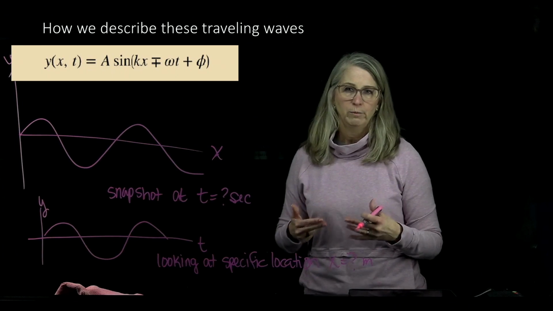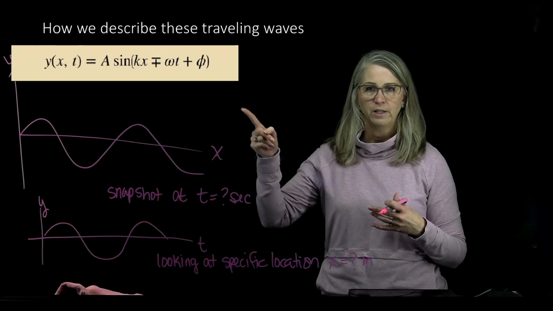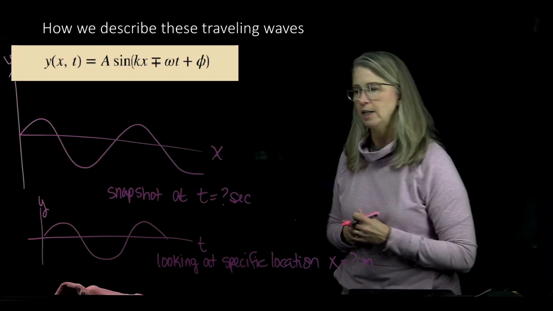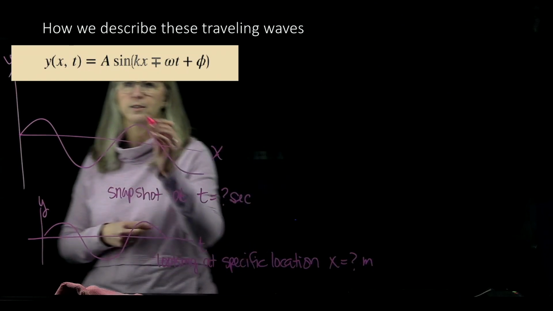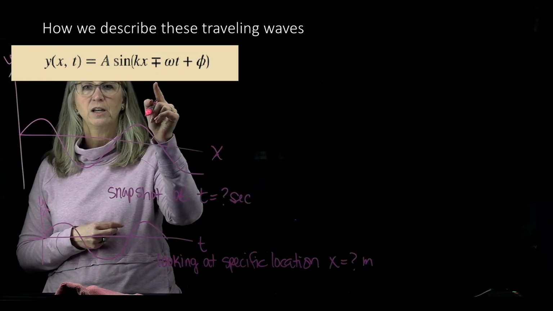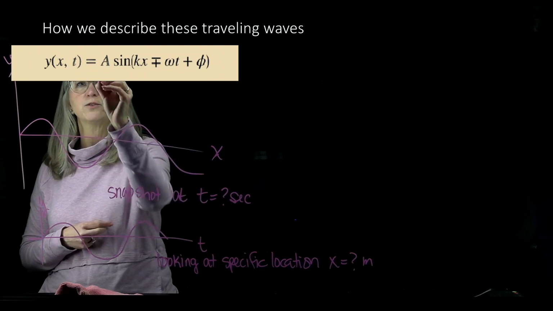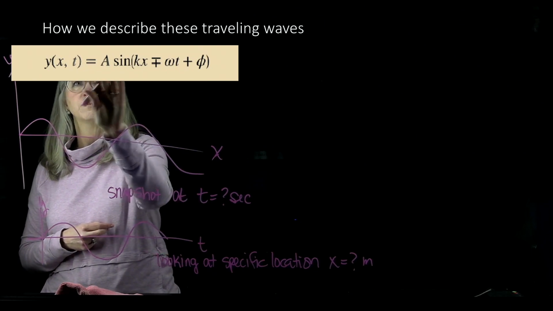Now let's talk a little bit more about the details of the expression here. The other thing that we have to see is you have sine of kx minus or plus omega t.